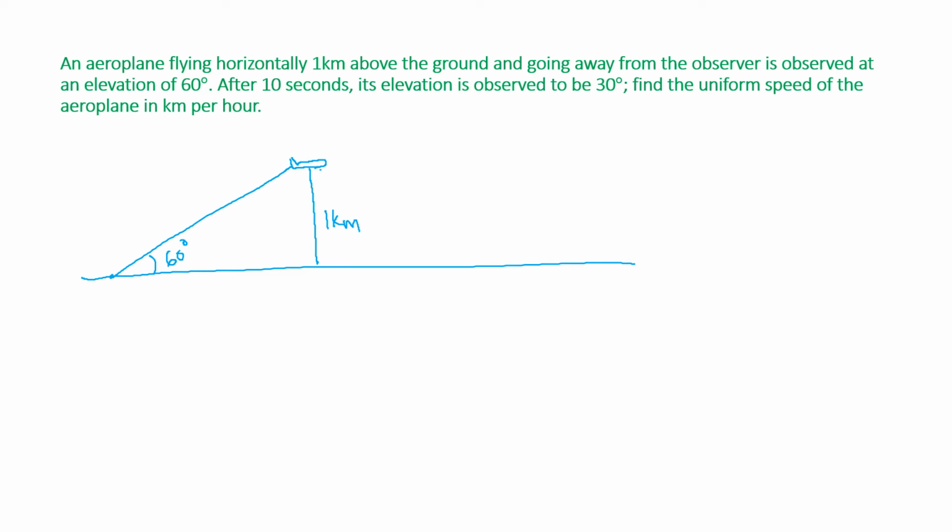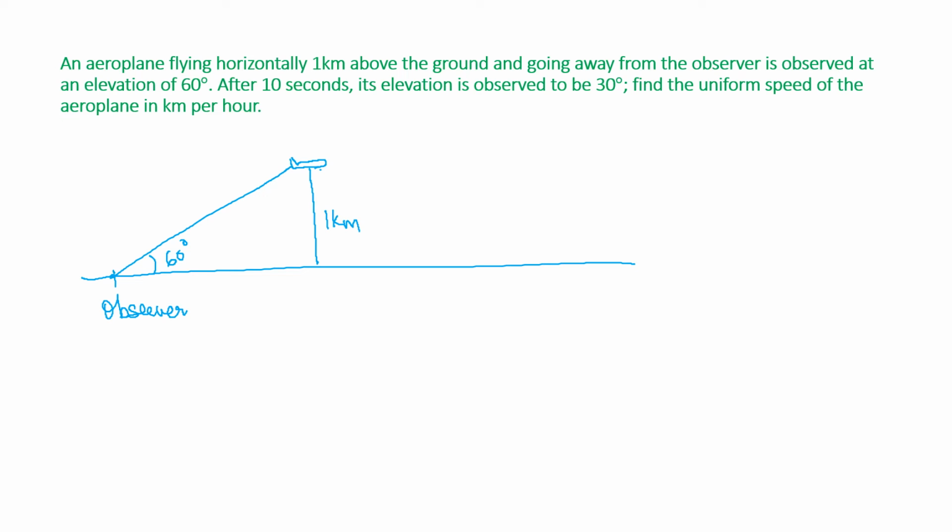Again, I'm reading the question again. An aeroplane is flying horizontally 1 kilometer above the ground and going away from the observer. This is the observer, so you have the observer over here, and the angle of elevation is 60 degrees.